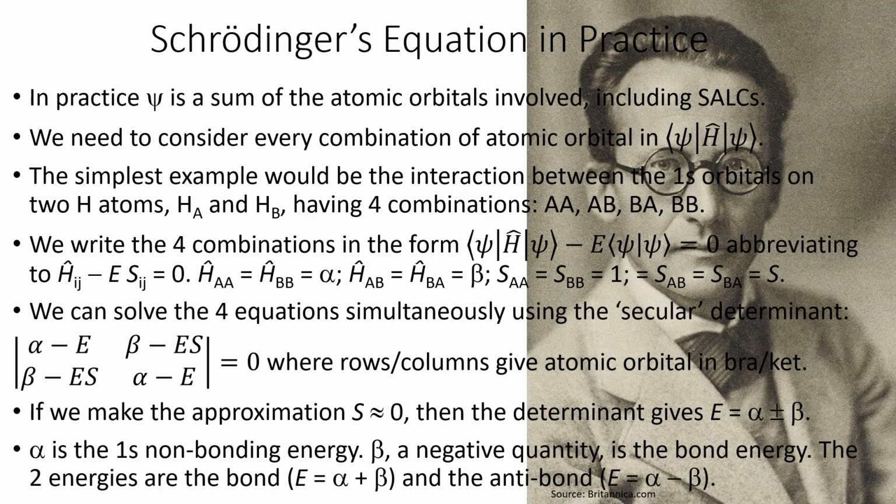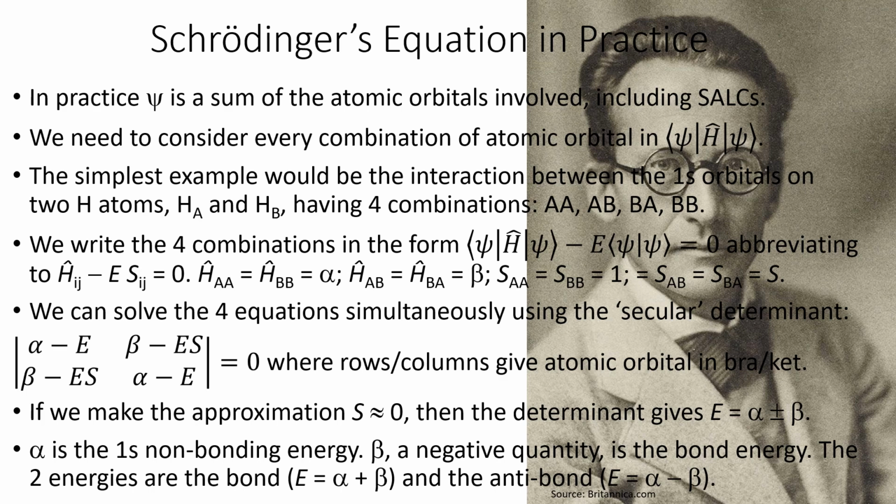So just remember that alpha here is going to be the non-bonding atomic orbital energy of the 1s. Beta is the interaction energy. Beta is actually a negative quantity. And so of these solutions, alpha plus or minus beta, the plus term, alpha plus beta, because beta is negative, is actually going to be the lowest energy solution.